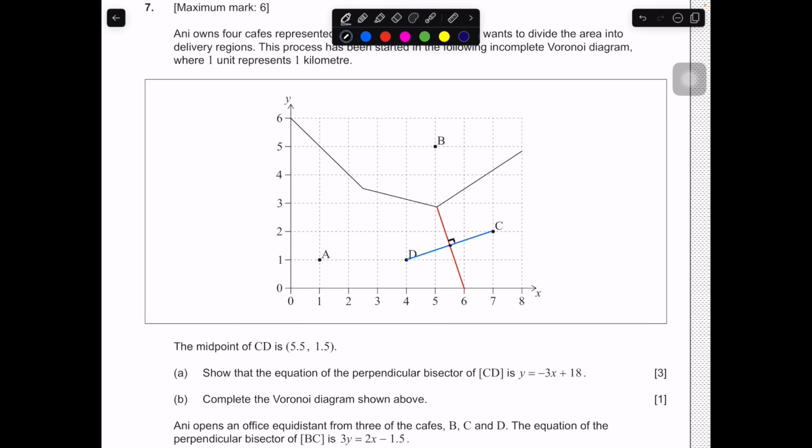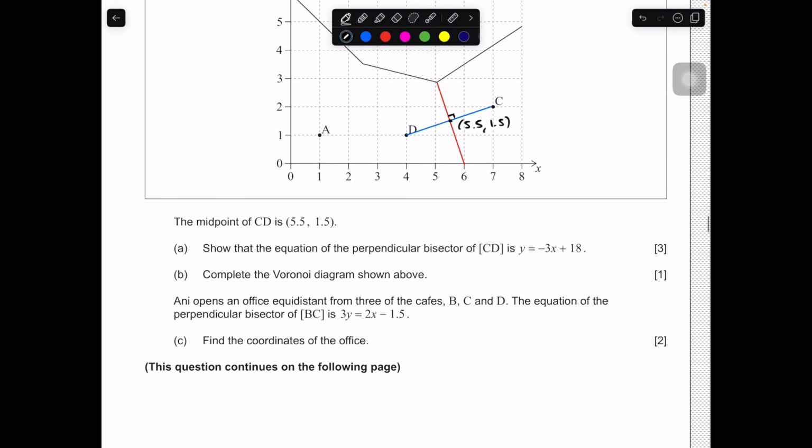We know one point on this line already is 5.5, 1.5. That's the midpoint. And this midpoint is also going to be critical because our perpendicular bisector is going to run through this point. And if we know one point on the line, all that's left is for us to find the slope and the y-intercept using this point. So let's go ahead and work that out.